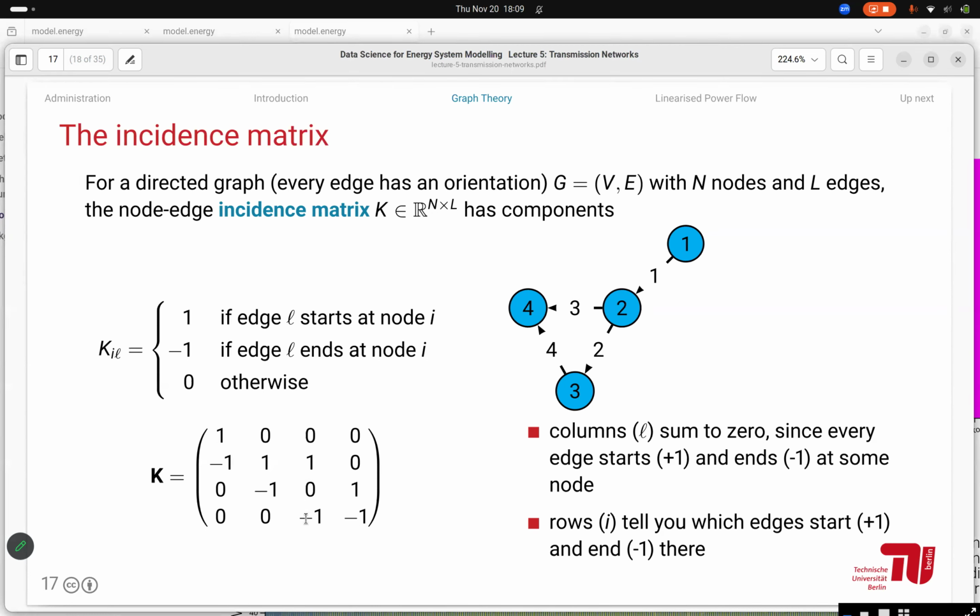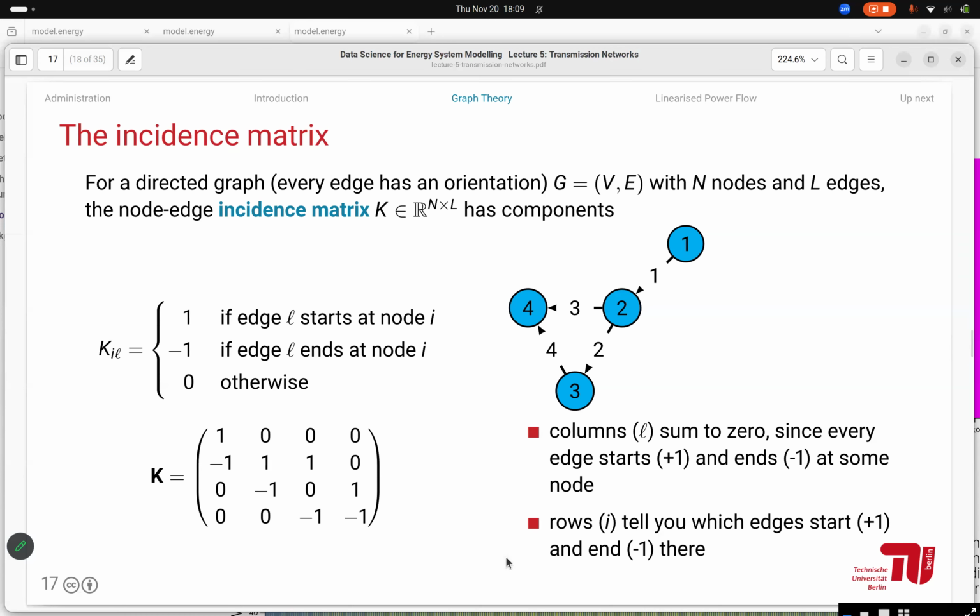Goes from 2 to 4. So the sums always end up summing up to 0 because each edge has a starting point and an end point, and that preserves that whatever power you send in through one end, it is received at the receiving end of the line.